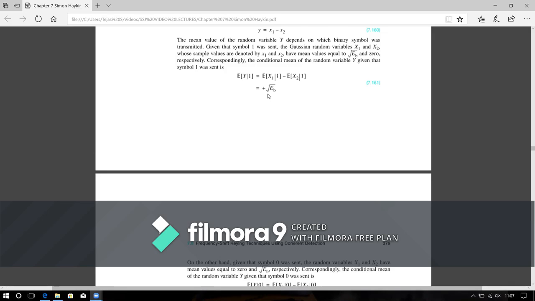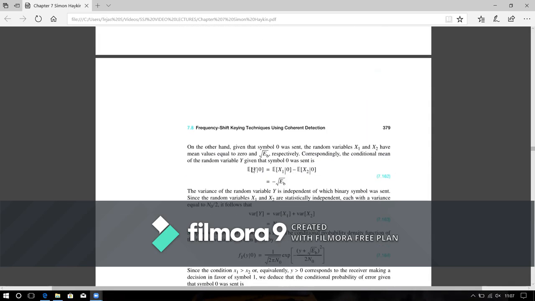In that case, the expected value of y when the symbol 0 was transmitted equals the expected value of x1 when symbol 0 was transmitted minus the expected value of x2 when symbol 0 was transmitted. Now here x2 is transmitted because the symbol transmitted is 0 and x1 is going to be 0.